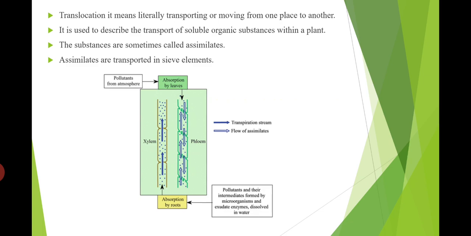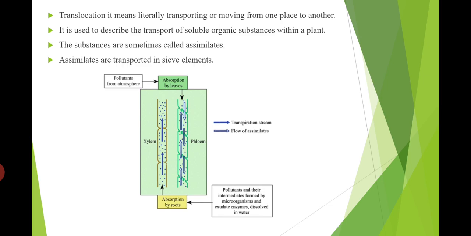Translocation is a term used to describe both kinds of transport in plants, the transport that uses the xylem vessel and the transport that uses the phloem vessel. Translocation means moving or transporting from one place to another.